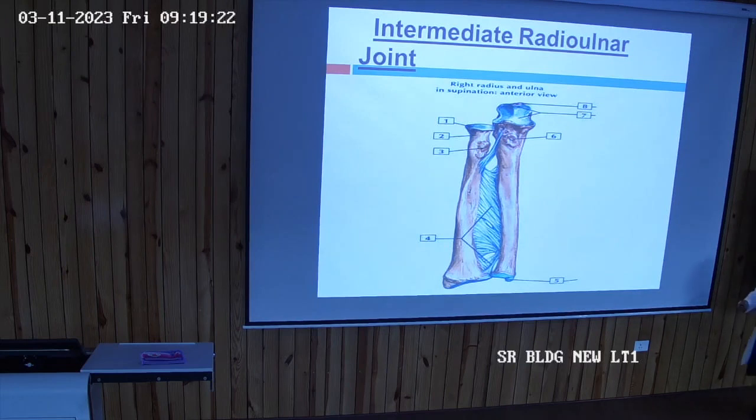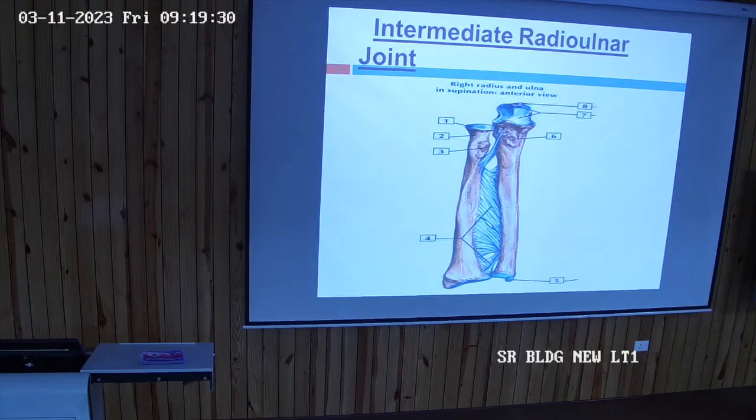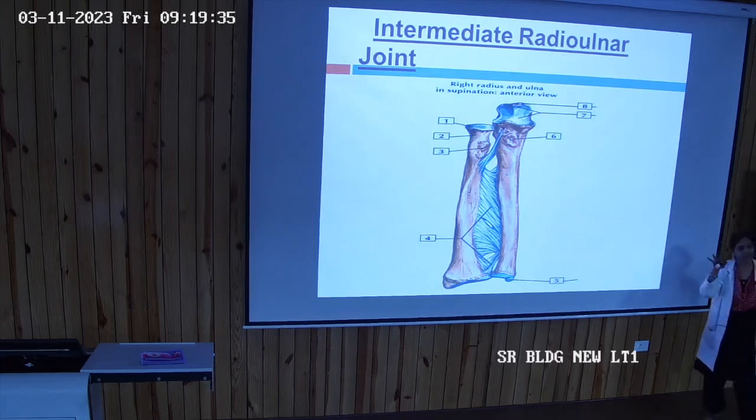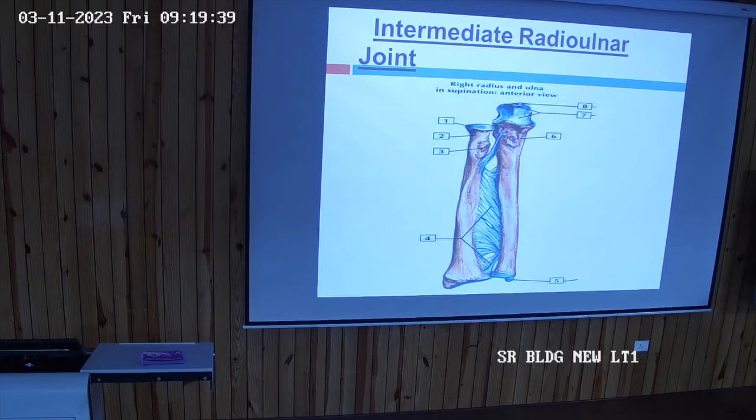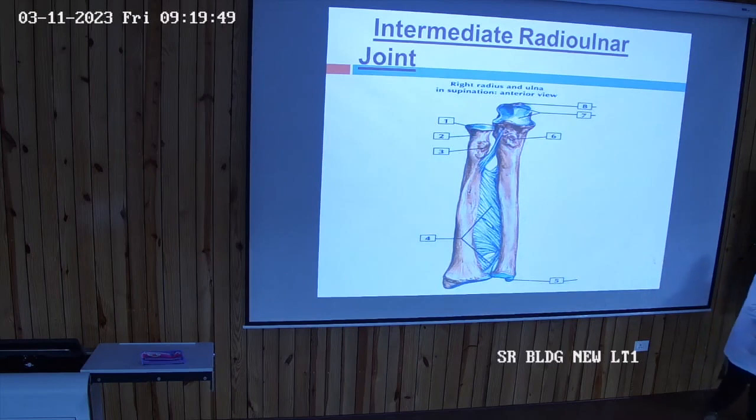So anything that you hold, the weight will be transmitted first from the carpals to the radius, and then to the ulna, because the participation of the ulna in the formation of the elbow joint is more as compared to the radius. So weight will be transferred from the ulna to the elbow joint and then to the humerus. This weight is transferred from radius to the ulna through the interosseous membrane. So these are the functions of this interosseous membrane.